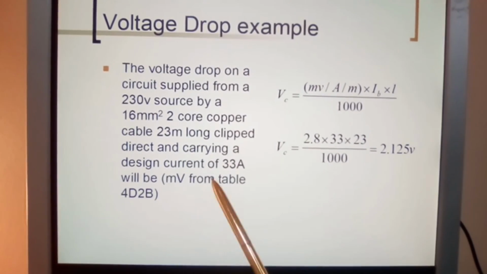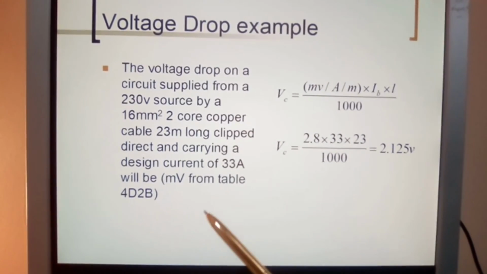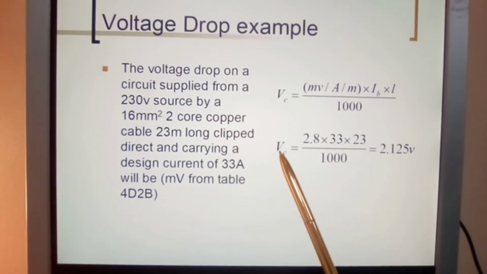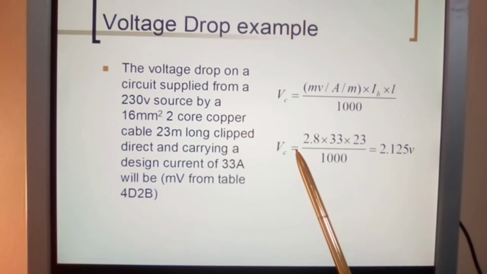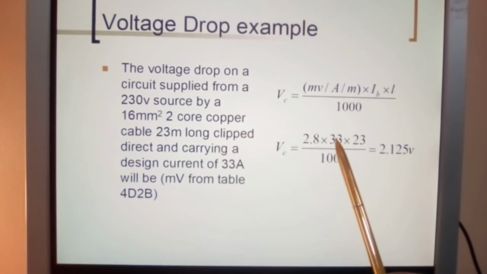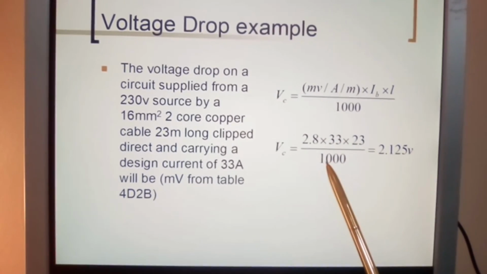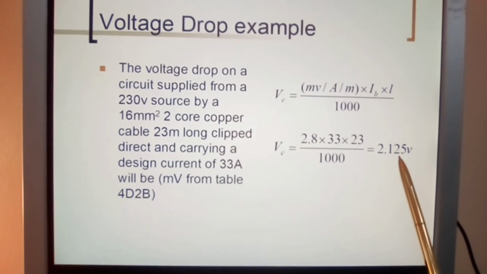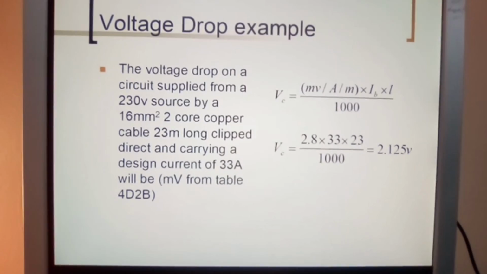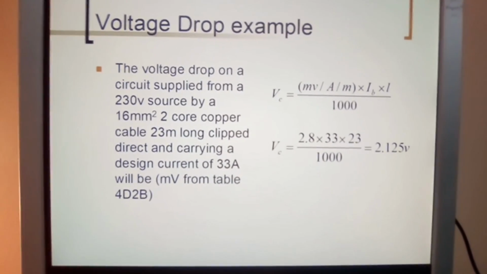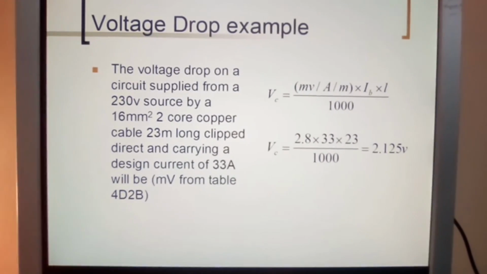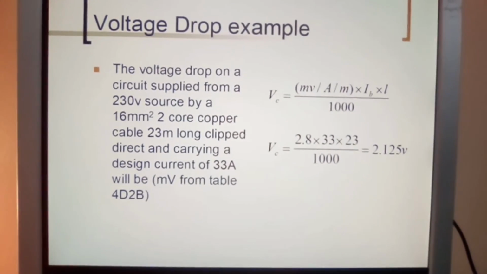The millivolts from Table 4D2B will tell you this. So here is our formula. VD, voltage drop, equals 2.8 times 33 times 23 over 1000, equals 2.125 volts. And that should fall within our parameter of approximately 3% voltage drop.